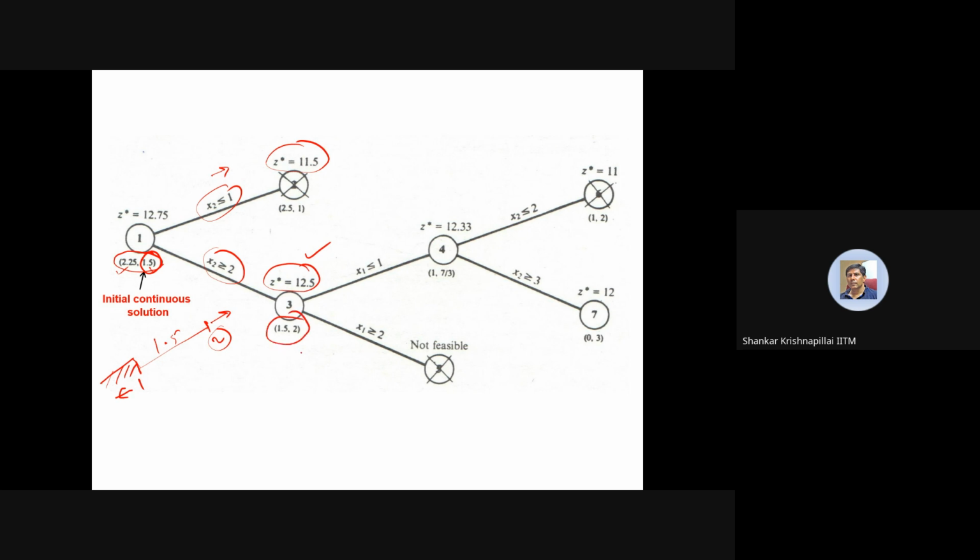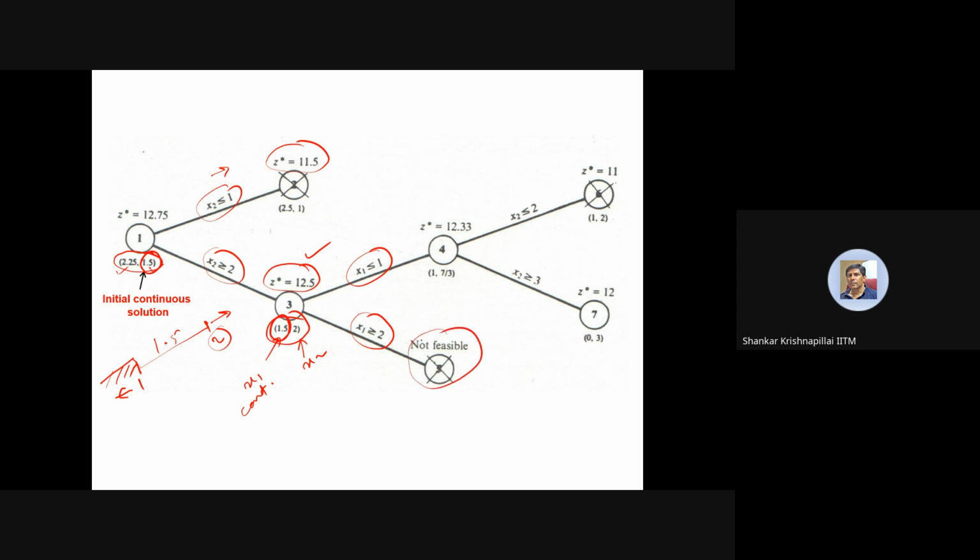So now, okay, x2 has become an integer and x1 is continuous. So now you have to concentrate on forcing this x1 to reach the nearest integer. So x1 is less than 1 and x1 is greater than 2. Okay, that is on either side of 1.5.